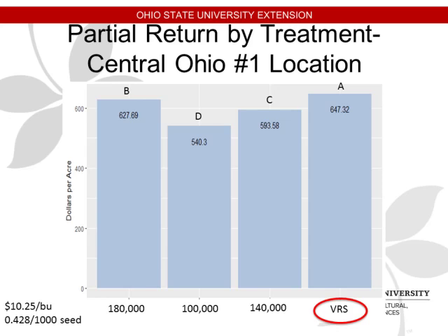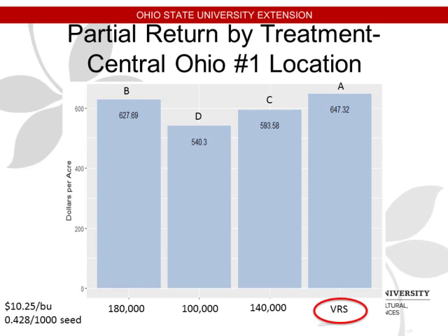So looking at it from a partial return standpoint, the most profitable system was the variable rate seeding in this one field this 1 year. It had about $20 over our next highest treatment, which was 180,000 seeds per acre. And that was significantly different.